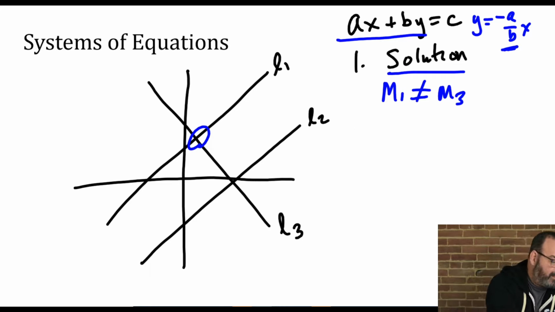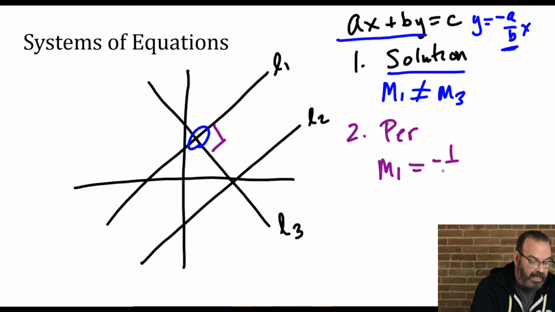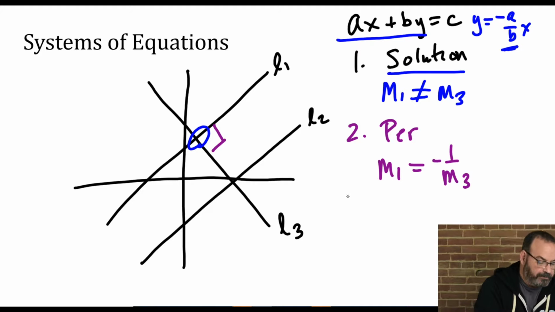What's the second thing they like to test? Is it perpendicular? If there is a 90-degree angle between line 1 and line 3, the slope of line 1 is equal to the opposite reciprocal of line 3. Opposite reciprocal means perpendicular. Number 3, no solution.